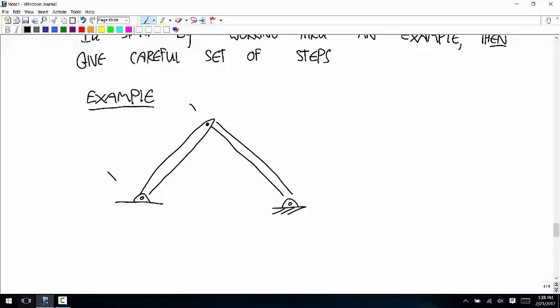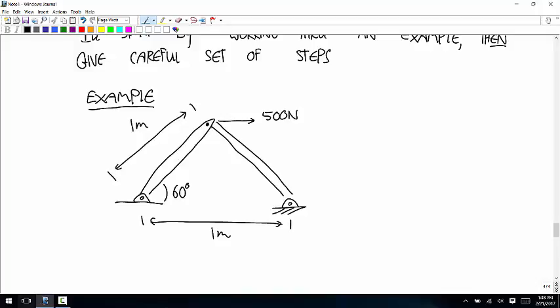The lengths are all 1 meter, and all the angles are 60 degrees. And let's say there's a force vector of 500 newtons here, and a force vector of 500 newtons here.